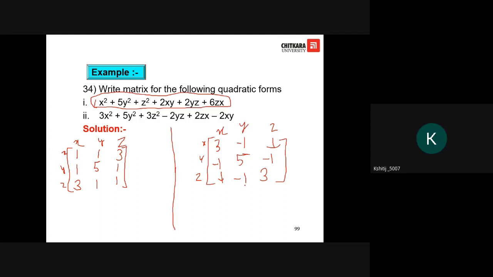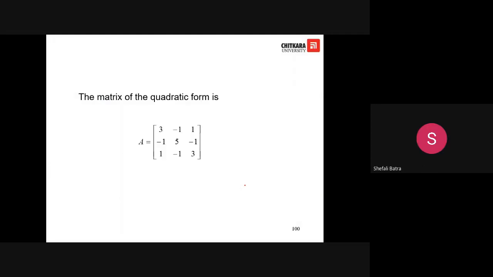Yes ma'am. If you put a minus at one place and not at the other, then this matrix won't be a symmetric matrix, and this matrix should be symmetric. Harinderjeet, is it right, beta? Yes, ma'am. Okay, good. So this is our answer for the second question: 3, minus 1, 1, minus 1, 5, minus 1, 1, minus 1, 3.